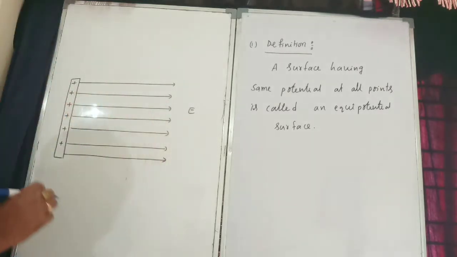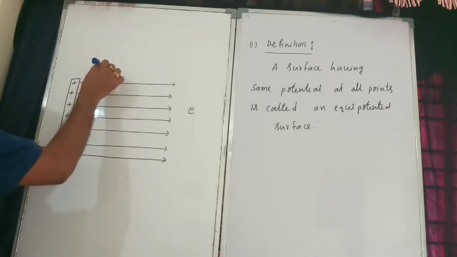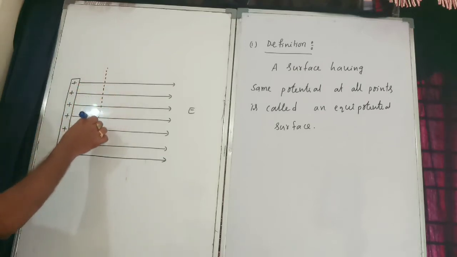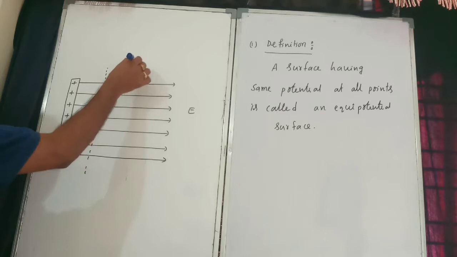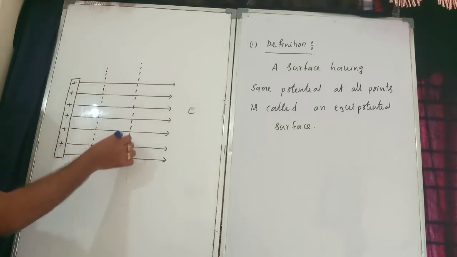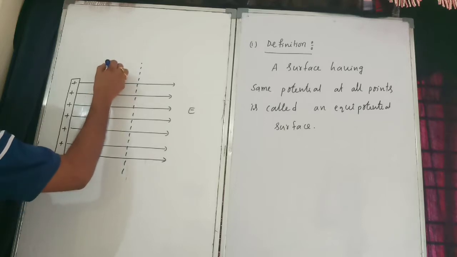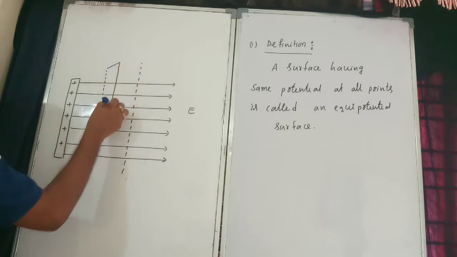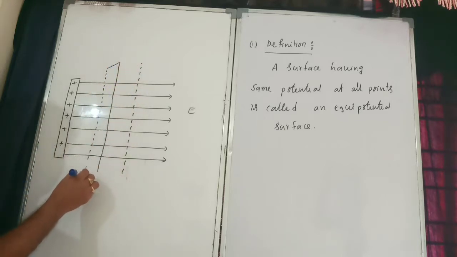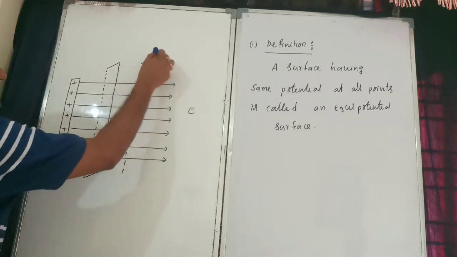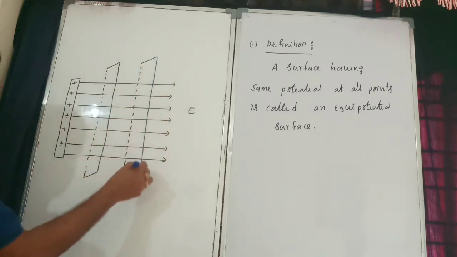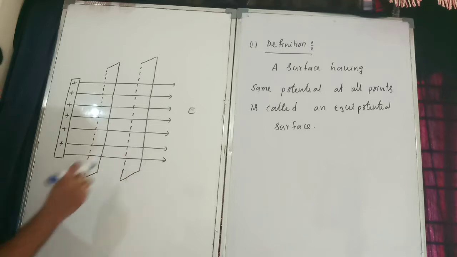Now I can select one region here, and another region here. At this point I can draw one plate, and here also I can draw one plate. These are the electric field lines, and this is the plate.